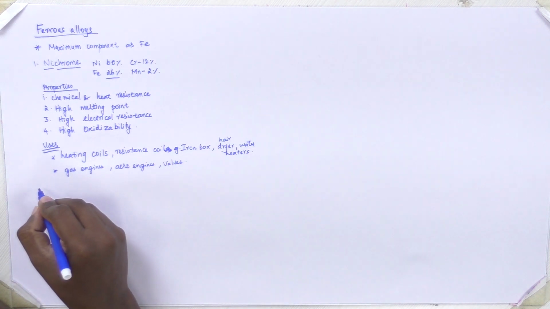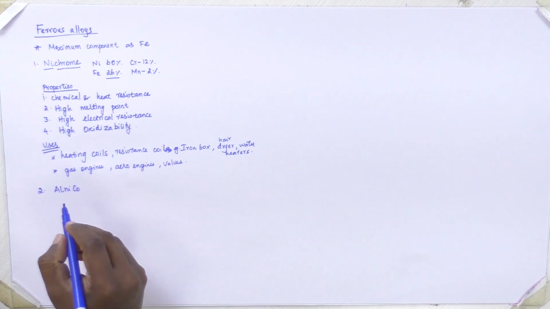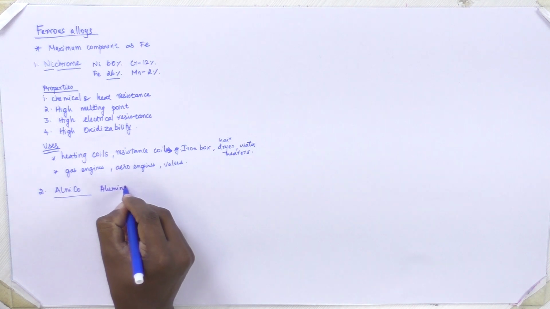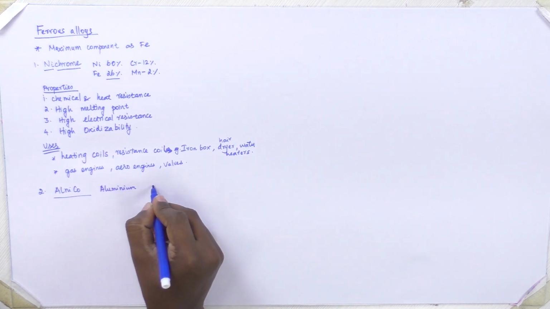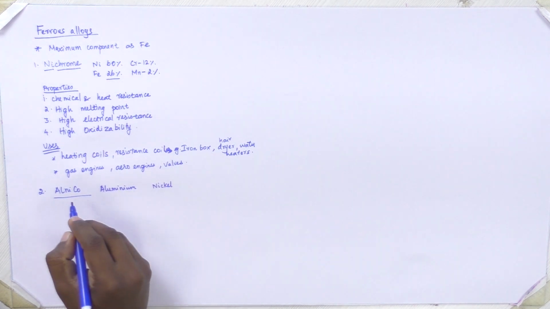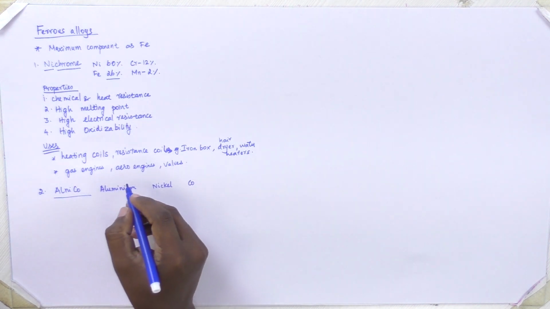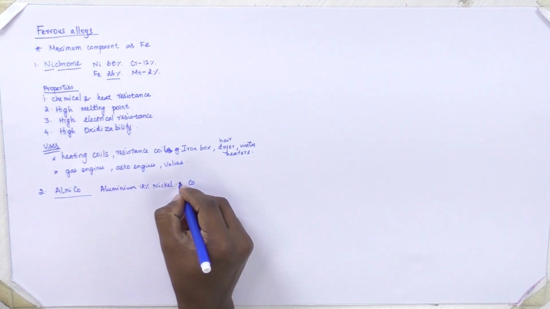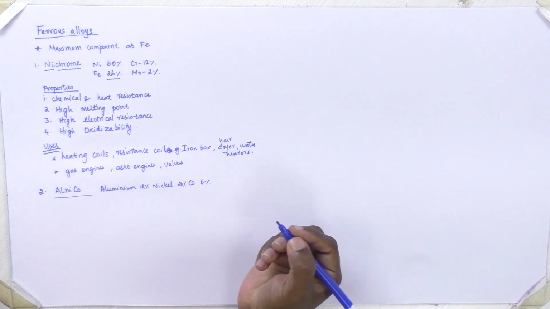The second alloy which we are going to discuss today is Alnico. As the name suggests, aluminum is one of the components, which is the Al, and the Ni represents nickel and the Co represents cobalt. The aluminum present here is about 12% and the nickel is about 20% and the cobalt is about 6%.